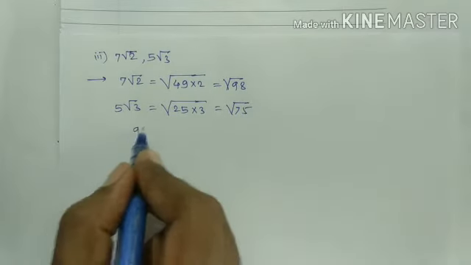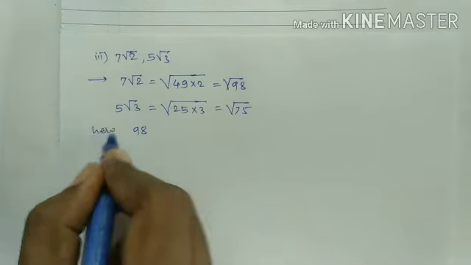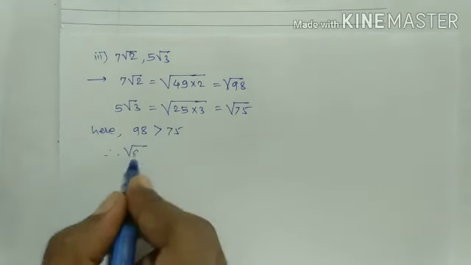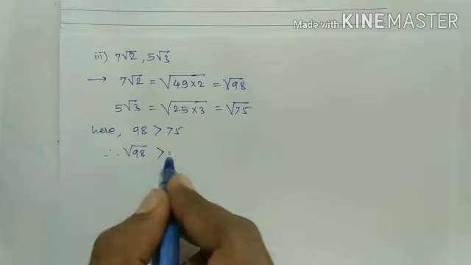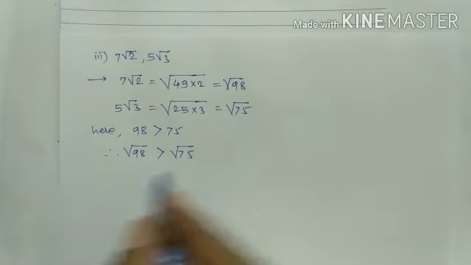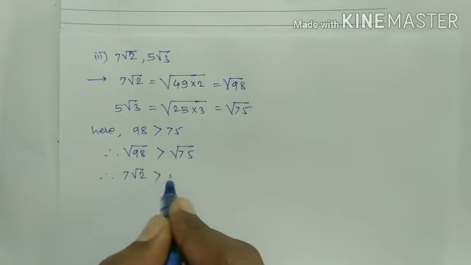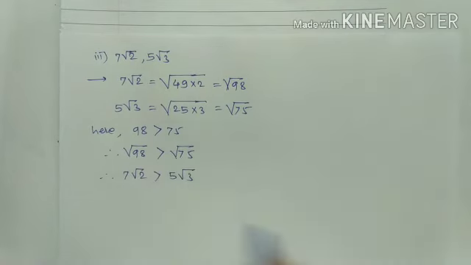Here 98 is greater than 75. Therefore, square root of 98 is greater than square root of 75. Therefore, 7 root 2 is greater than 5 root 3. In this way, we compare these two surds.